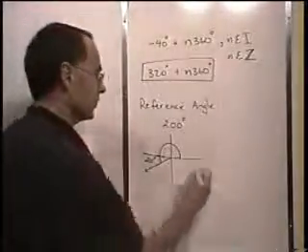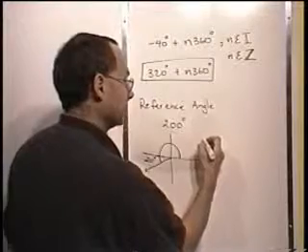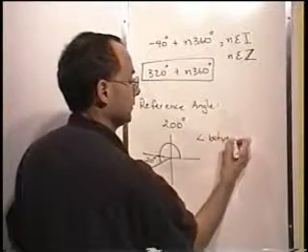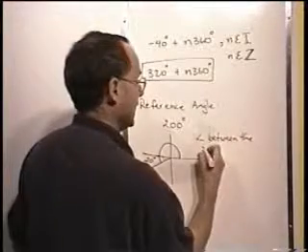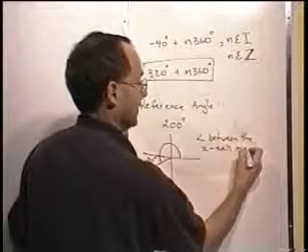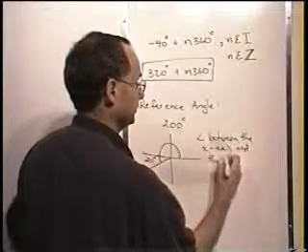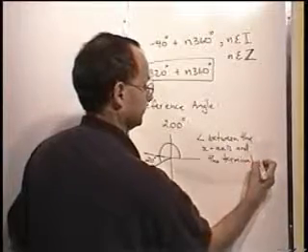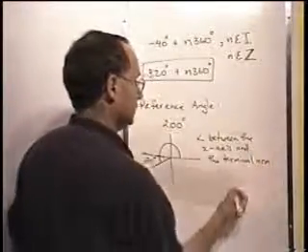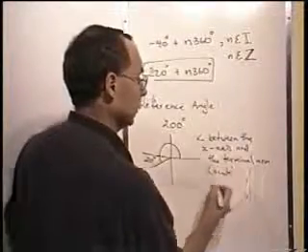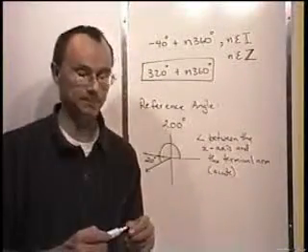So just for your notes, we're talking about the angle between the x-axis and the terminal arm. And I'm even going to add here it's acute. It's always less than 90 degrees.